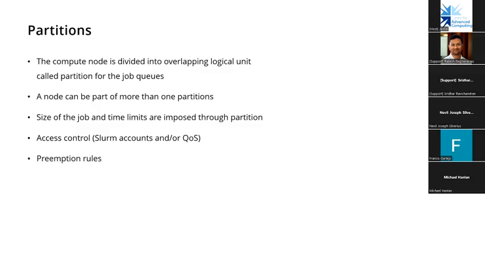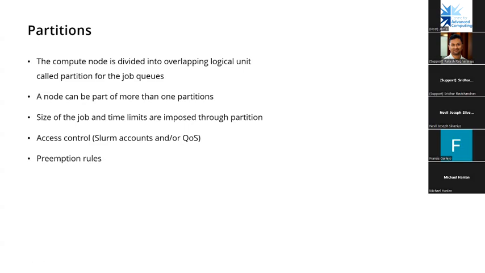So we have more nodes for 3-hour jobs compared to 7-day jobs. There is an overlapping partition: the 7-day job partitions are a subset of what we have for 3 hours. If I submit a job for 2 hours, it can run in both of these partitions, and they're given a particular priority value, a priority number, based on which partition to go on to.